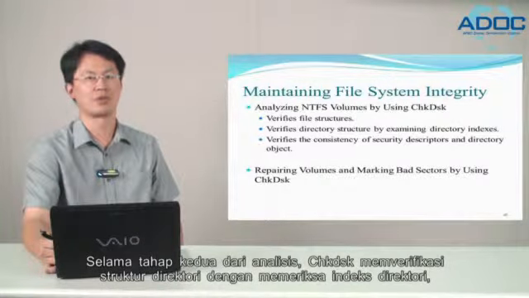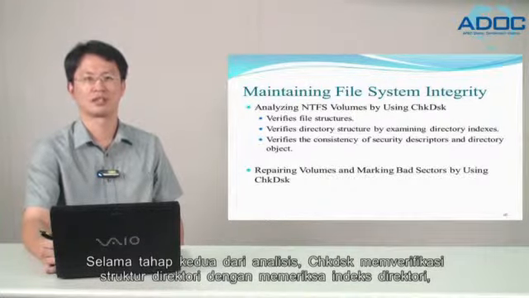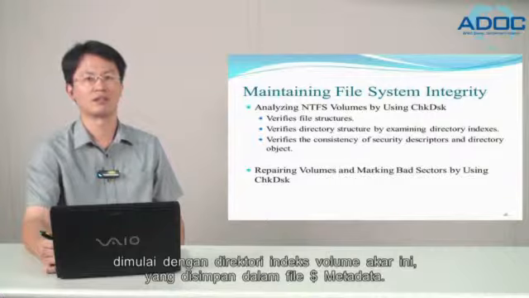During the second stage of analysis, Check Disk verifies directory structure by examining directory indexes, starting with the volume root directory index, which is stored in a metadata file.